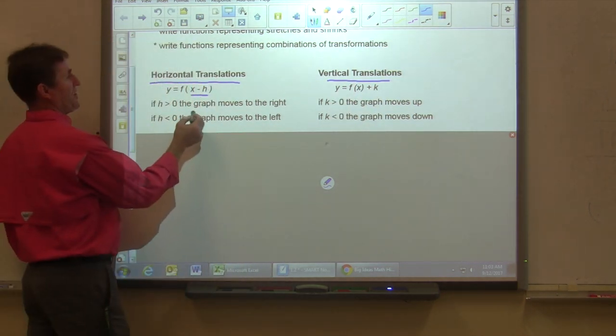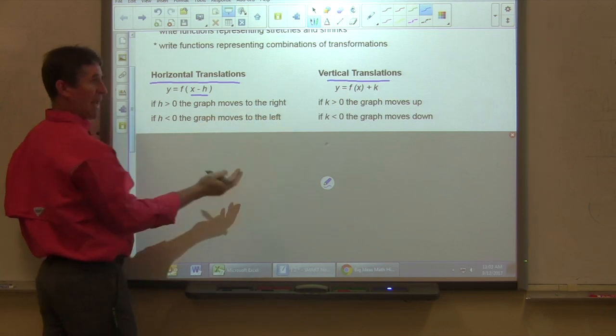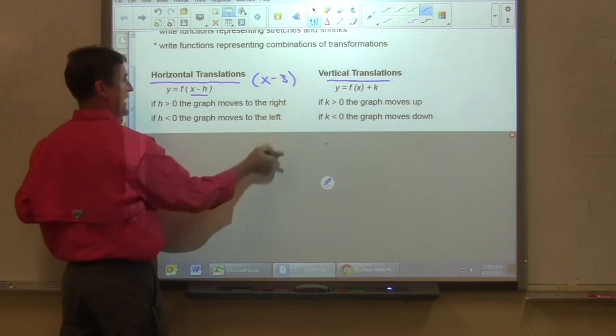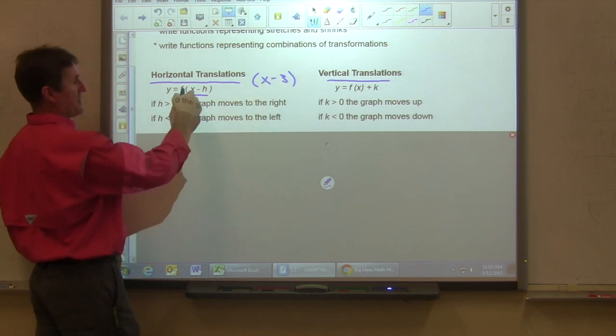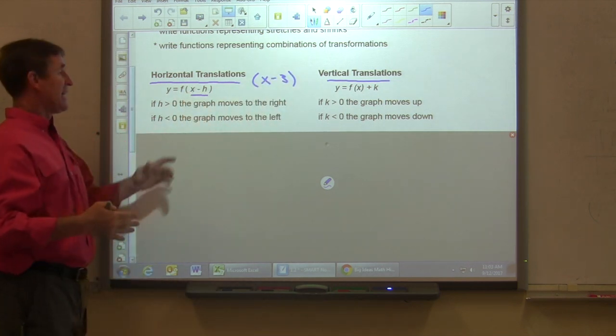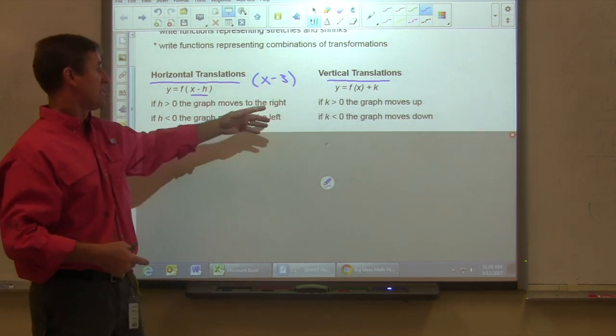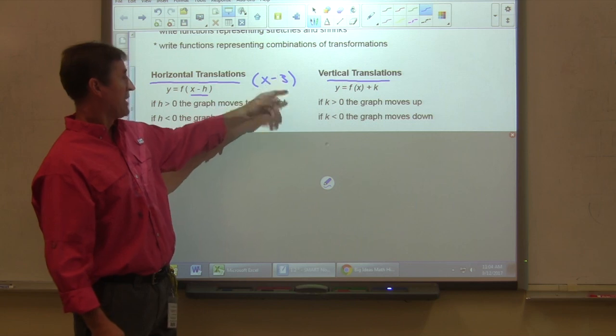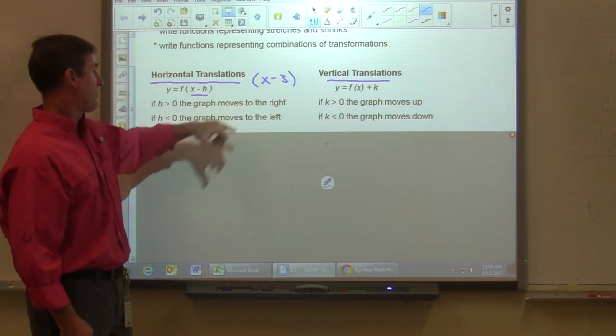Also, if h is greater than 0, then the graph moves to the right. Now, where you have to be careful on this is when it says x minus 3, h is really 3 because it's x minus. So always think it's the inverse of what it says. In this case, it's the additive inverse, so it's the opposite. It says minus 3, so it would be plus 3, so it would be 3 to the right.